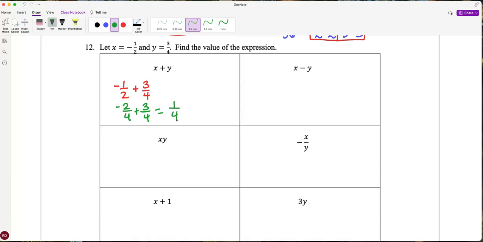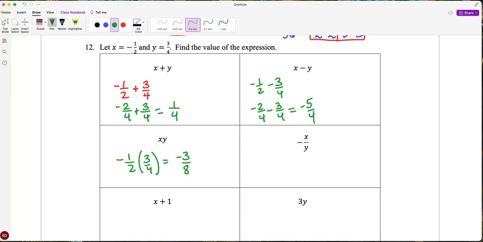X minus y, that's negative 1/2 minus 3/4. So that's negative 2/4 minus 3/4, negative 5/4. X times y, that's negative 1/2 times 3/4, which is negative 3/8.